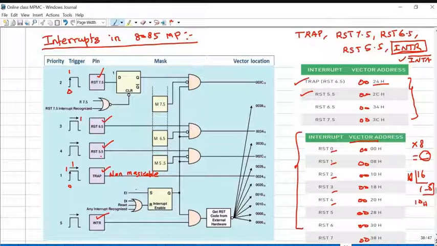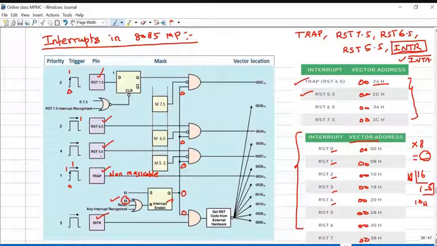That is called disable interrupt, DI. When the DI instruction is executed, the interrupt enable flip flop will be reset, that is Q equal to 0. So this is 0, and here also 0.